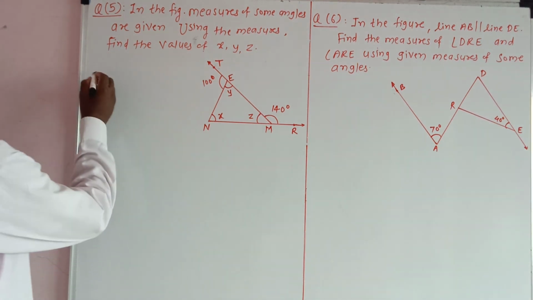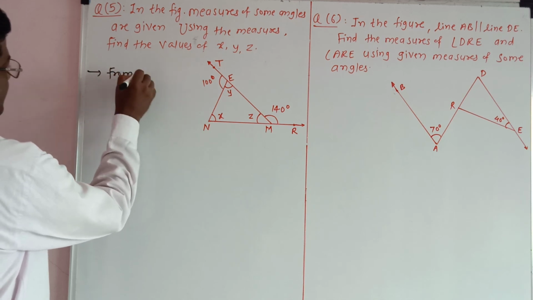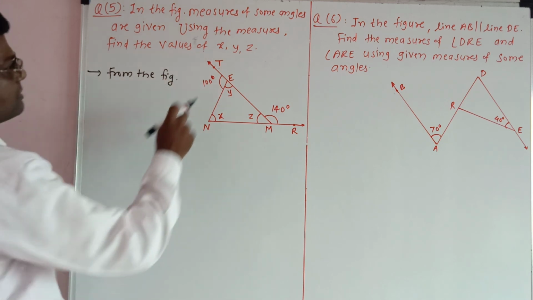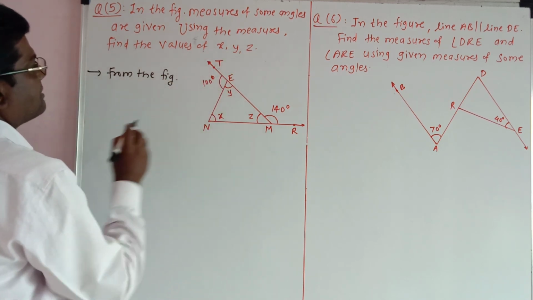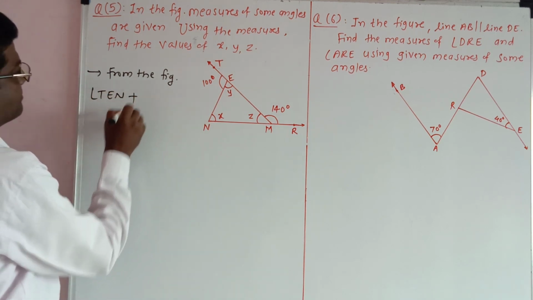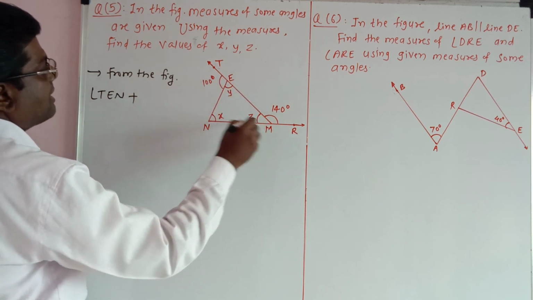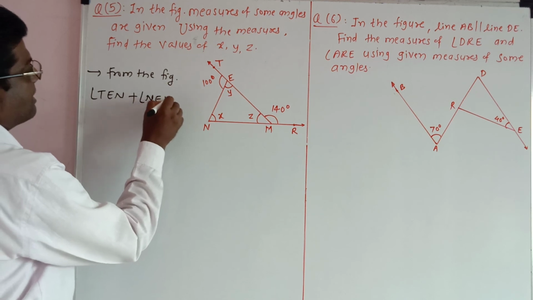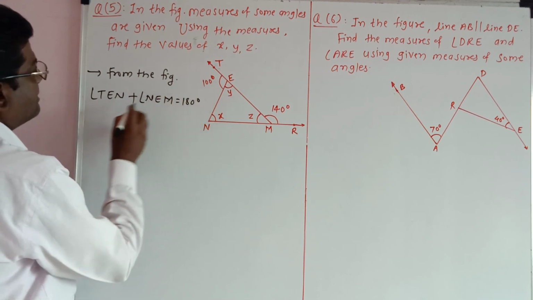The sum of measures of all angles of a triangle is 180 degree. From this we can find the value of x here. So let's solve this example. From the figure, angle TEN plus angle NEM is equal to 180 degree.